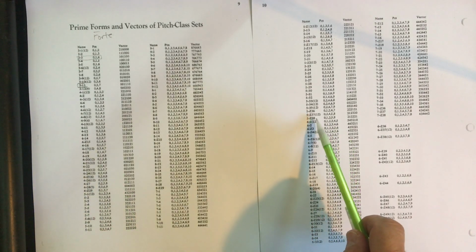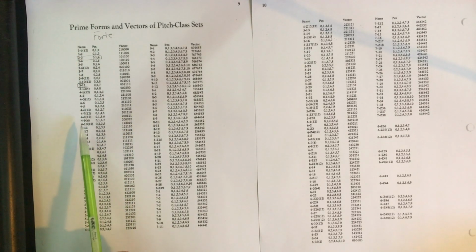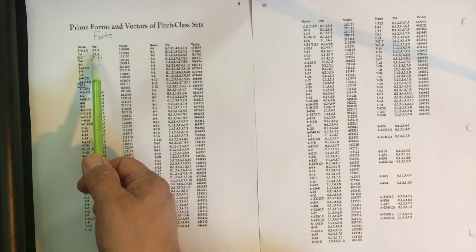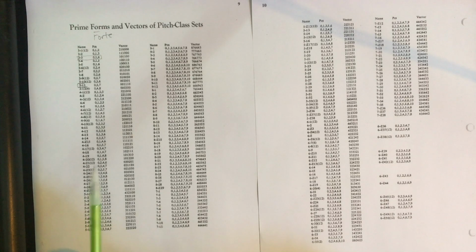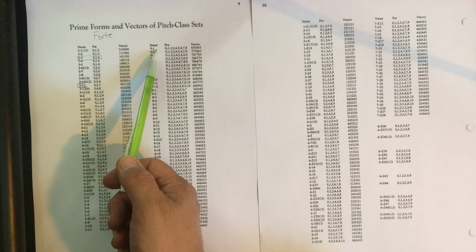There are 38 pentachords, 35 hexachords, etc. Now, you may ask, why are these nonachords listed across from the trichords and octachords listed across from the tetrachords, etc.? Well, these are what are called complements, and what that means is if I subtract, let's say, the 012 from the set of all 12 pitch classes, what I'm going to be left with is this nonachord.